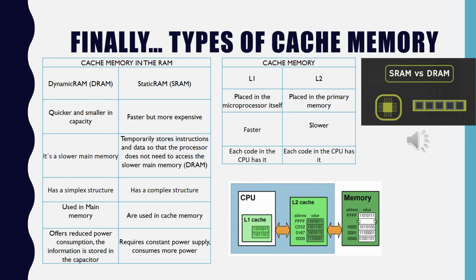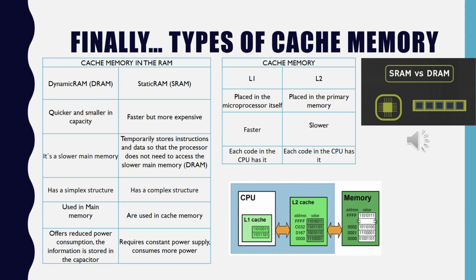While the static RAM is faster but more expensive, temporarily stores instructions and data so that the processor doesn't need to access the slower main memory. The slower main memory is the dynamic RAM, has a complex structure, is used in cache memory, requires constant power supply and consumes more power.